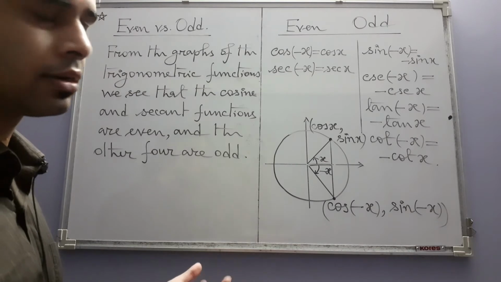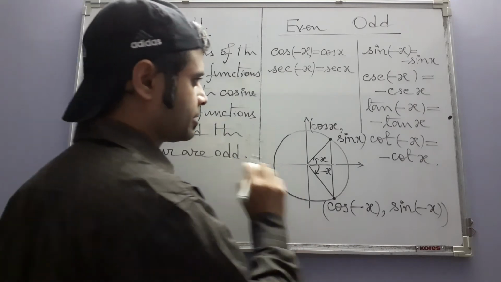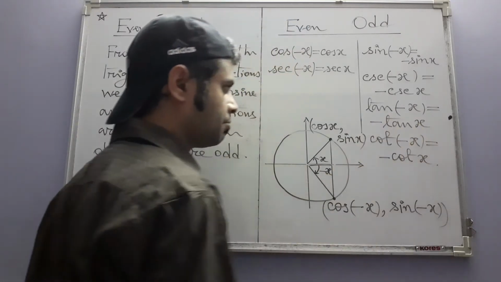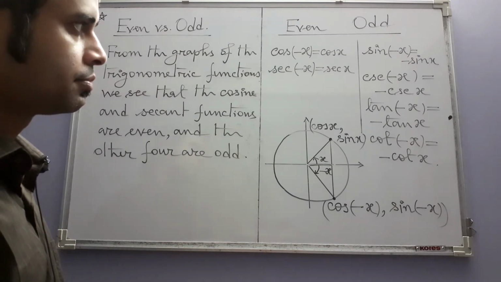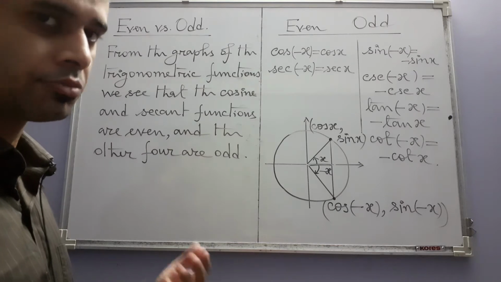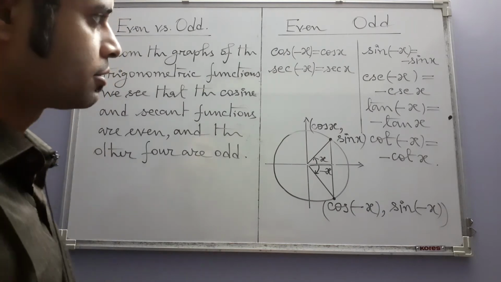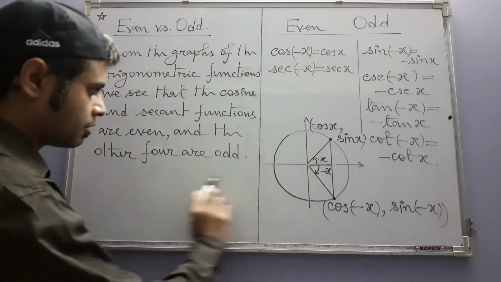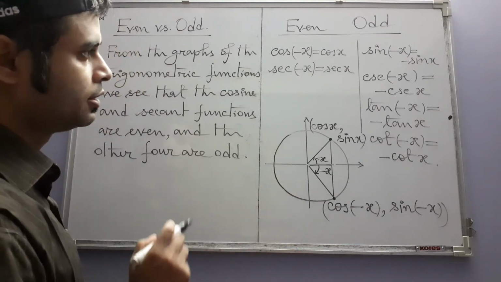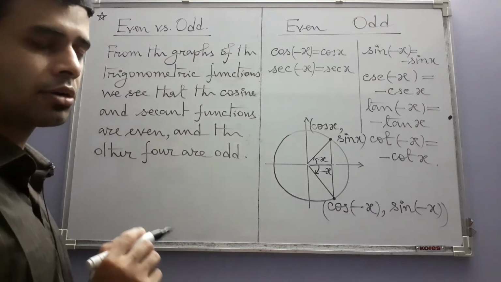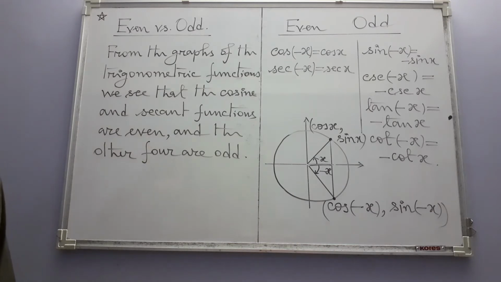I mean, whenever they are meaningful, they are true. For example, here you cannot take x equal to pi divided by 2 radian, because that is not defined. For other values of x where tangent is defined, this relation will be true. So this can be seen either from the graphs of these functions which we saw in the last video, or directly from the definition also. So that is the evenness and oddness of our basic trigonometric functions. Now we go to the trigonometric identities.